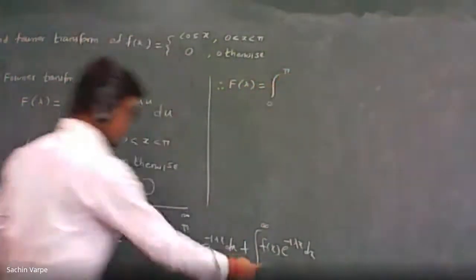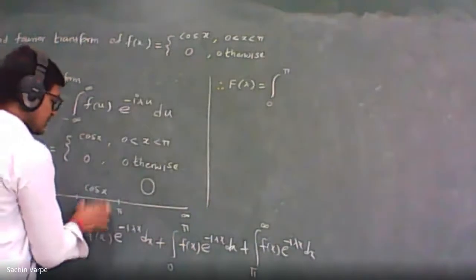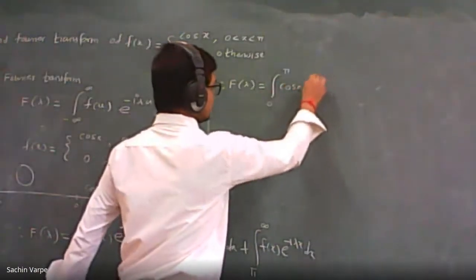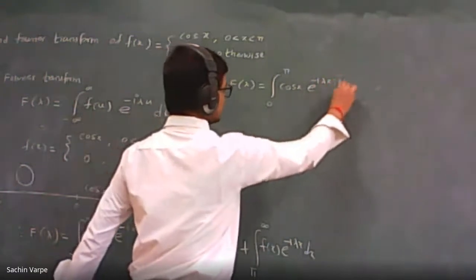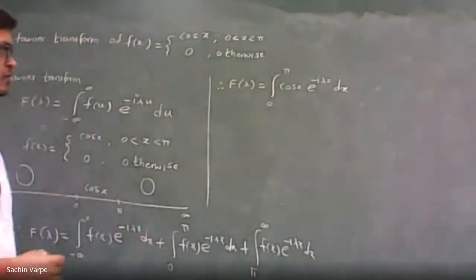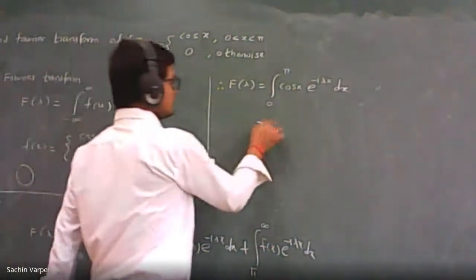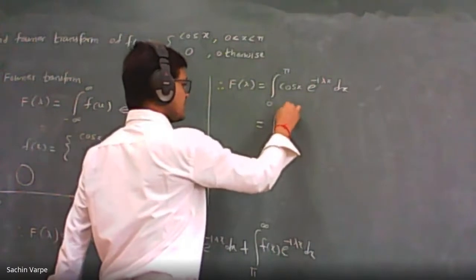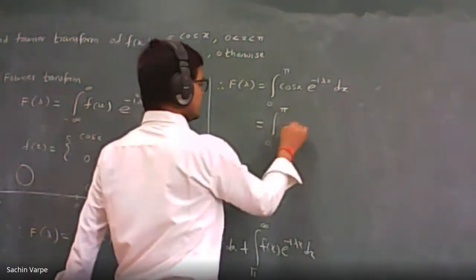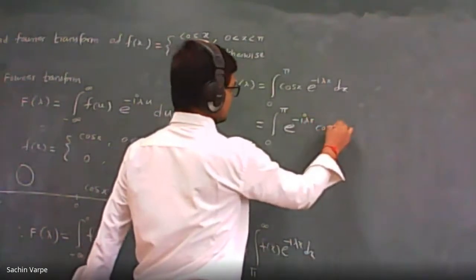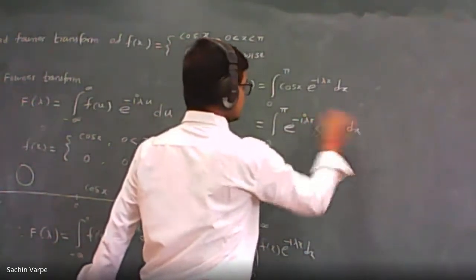What is the function value there in 0 to pi? Cos x. So f of x is cos x into e raised to minus i lambda x dx. So that is equal to integral from 0 to pi of e to the power minus i lambda x cos of x dx.